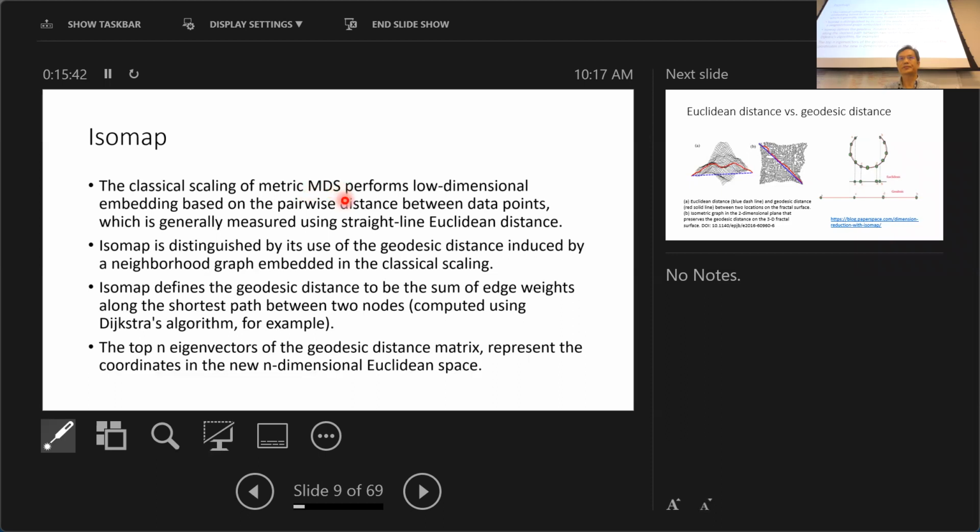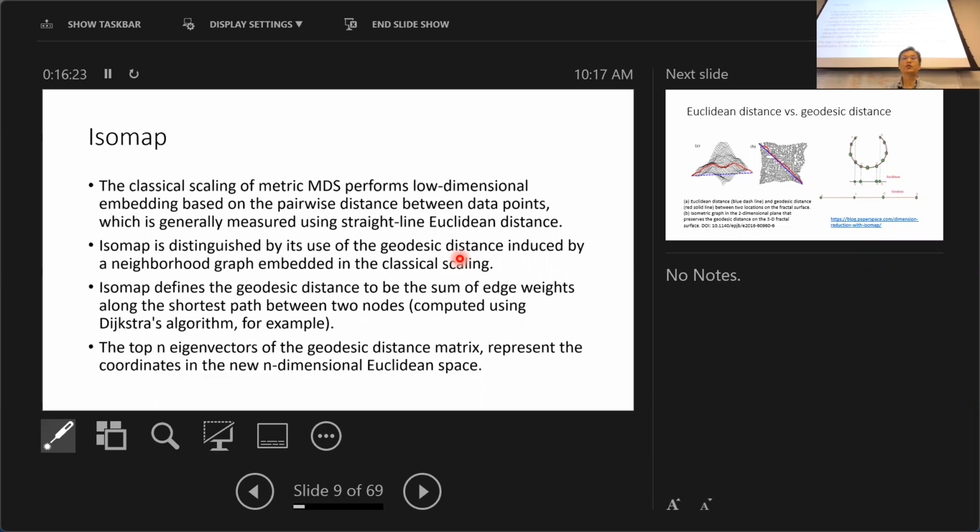MDS, we use Euclidean distance. Well, in Isomap, we replace this Euclidean distance with geodesic distance, so it is closer to reality. When we talk about the geodesic distance, we are moving upon the landscape of those data points, so you have a more realistic estimation of the distance between data points.